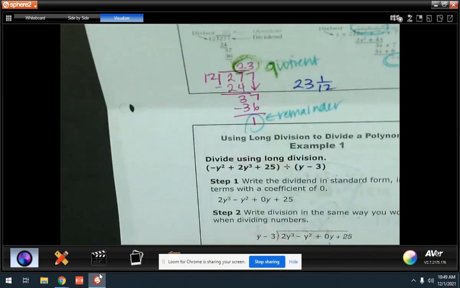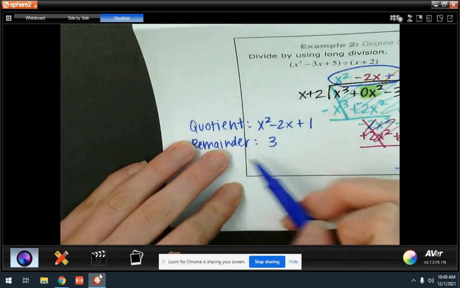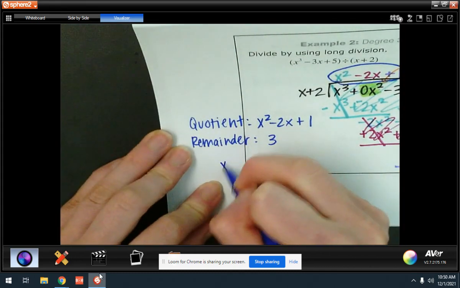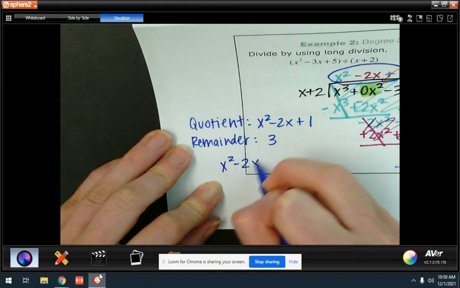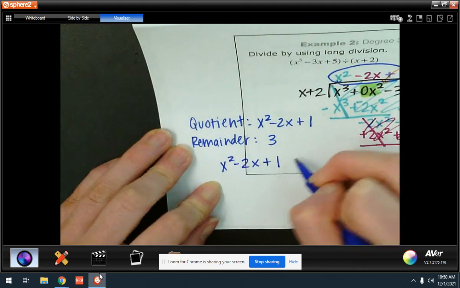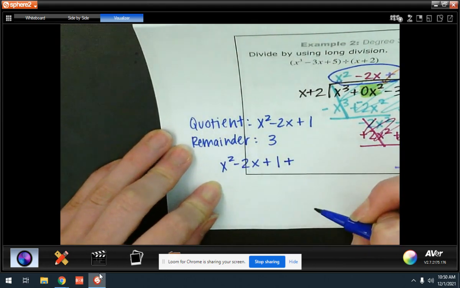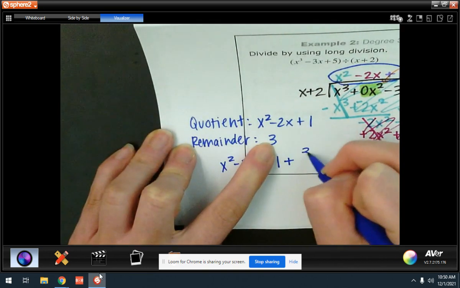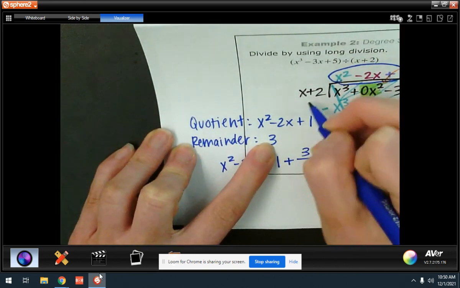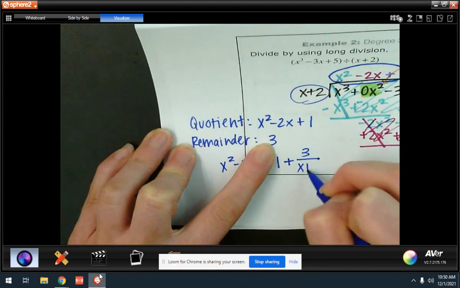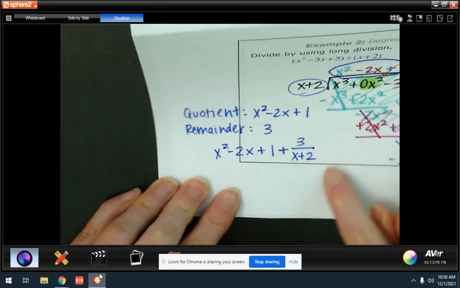And so we do the same thing with polynomials. They may write it as x squared minus 2x plus 1, and then they put another plus sign at the end, and then they write the remainder over whatever that divisor was. So it looks really weird.